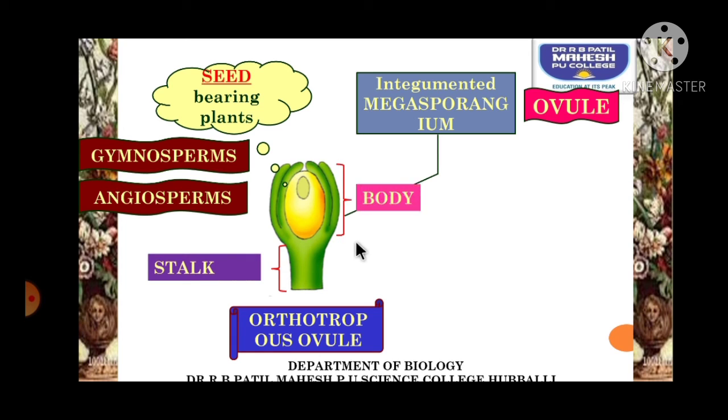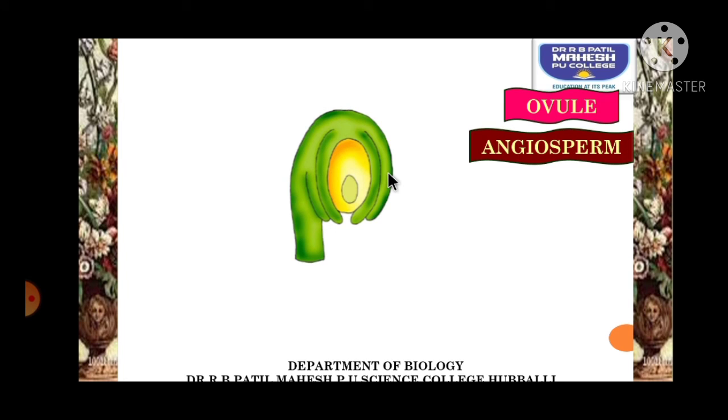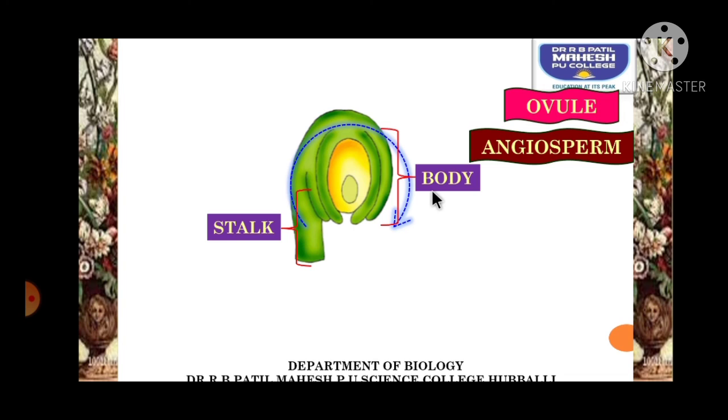So this is the stalk of the ovule and this is the body. Both are arranged in a straight line. Now let us try to see this ovule. So what is this type of ovule called? This is called an anatropous ovule, which is a very common type of ovule present in angiosperms. So this is the stalk of the ovule, that is funicle, and this is the body, and as you can see the body is inverted.